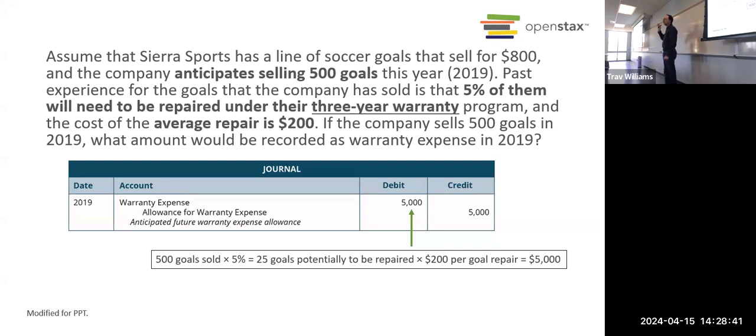And if we had estimated it perfectly, then at the end of the period, that $5,000 credit would have all been used up by $5,000 of debits, and it would be a zero balance. Right? And if we didn't estimate perfectly, we would see we have somewhat of either a debit or credit balance at that point.